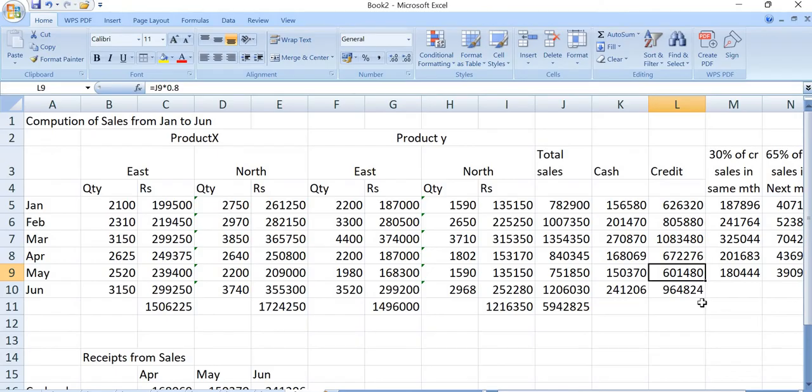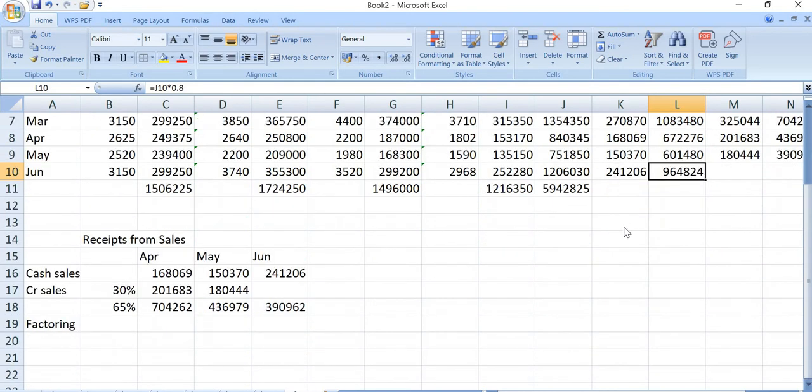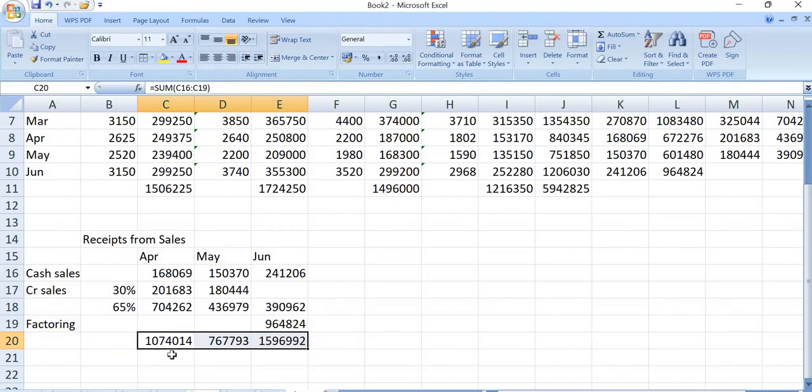So in factoring, what they have said, as a result, entire credit sale proceeds are realized in the same month. So entire credit sales. So how much is the credit sales during June? Sorry, 9,64,824.